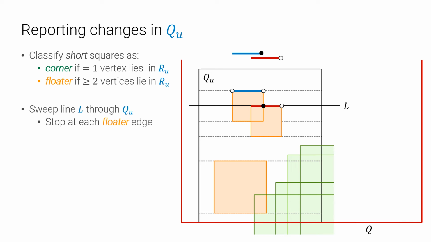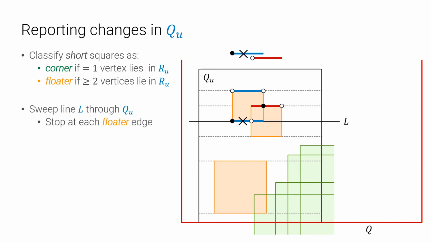Moving the line down to the next floater edge, the cross-section on L now includes the red interval. The right endpoint of the red interval is a new vertex of the cross-section, shown to be a white 2D vertex. On the other hand, the right endpoint of the blue interval has now become covered by the red interval, which corresponds to the black 2D vertex.